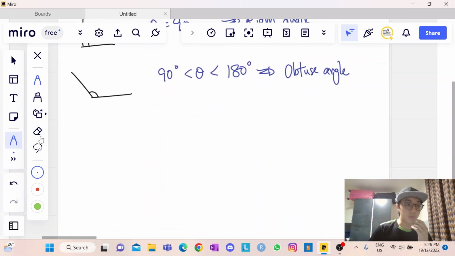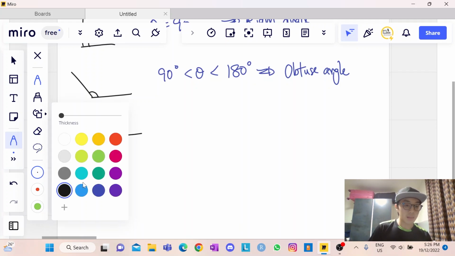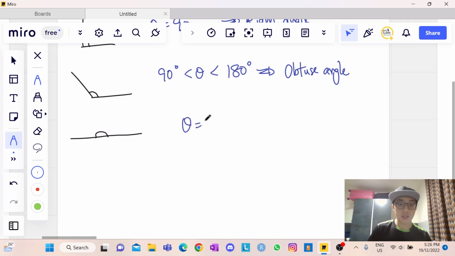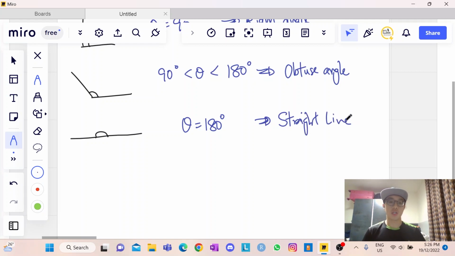After that, you will have a straight line, which is a flat line, and we call it theta equals 180 degrees, and it is just a normal straight line. There's no definition actually if you don't want to include this in your glossary for angles, but it is good to know that a straight line is 180 degrees.